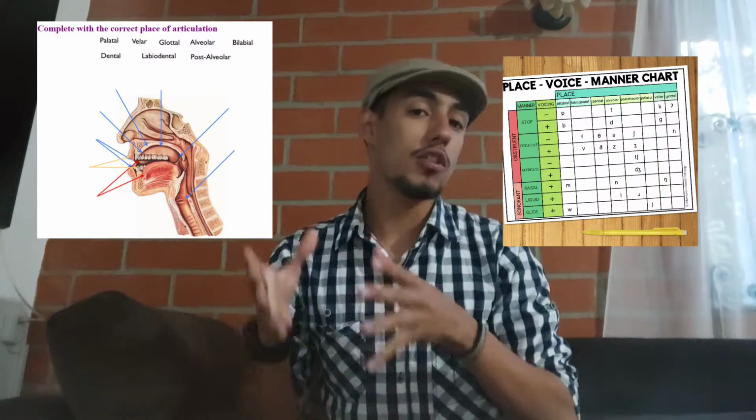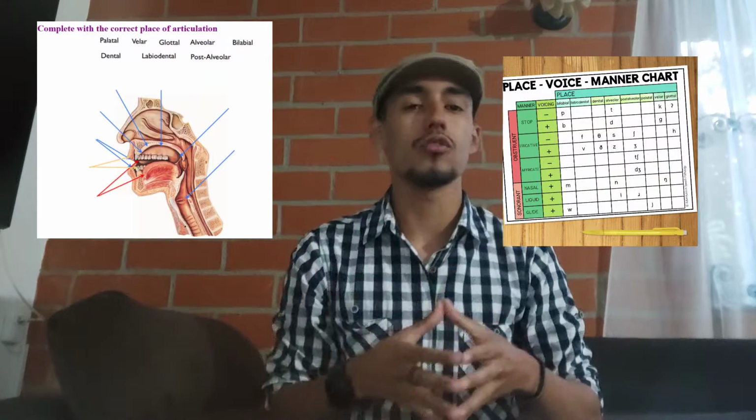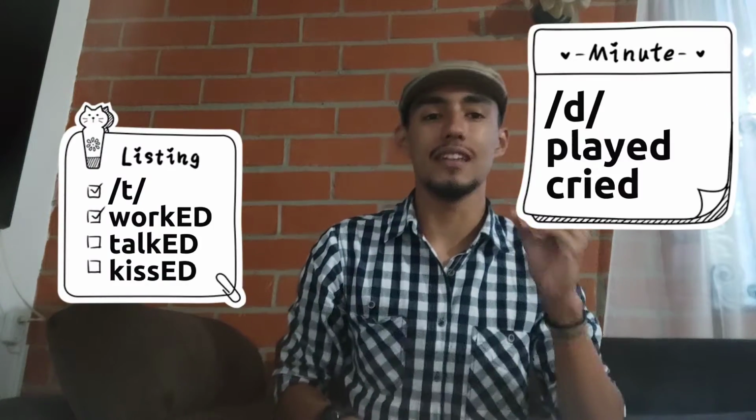So they will be able to recognize the voiced and the voiceless sounds. Also, they will practice the place and manner of articulation of those ending sounds, as for example the stop sounds of t and d.